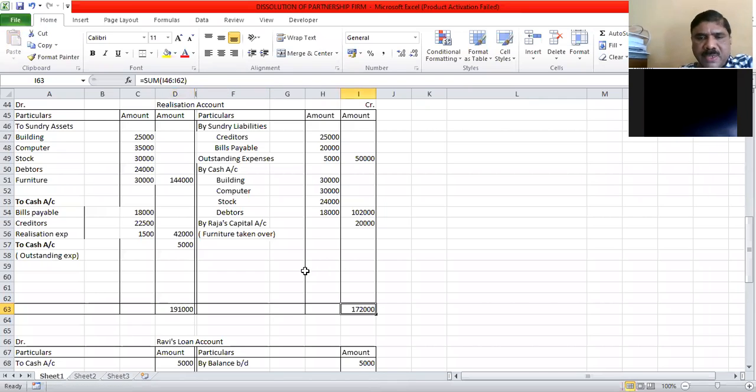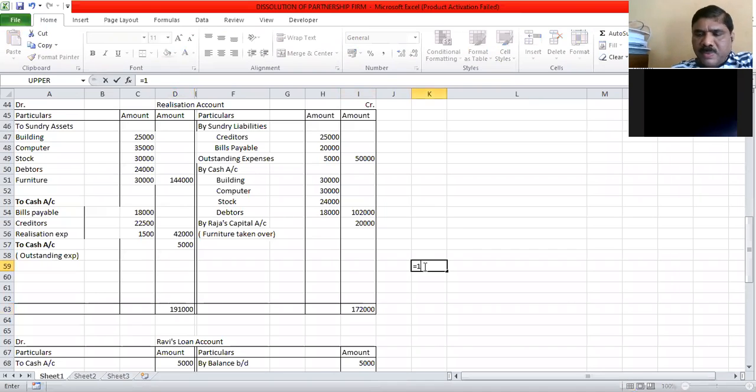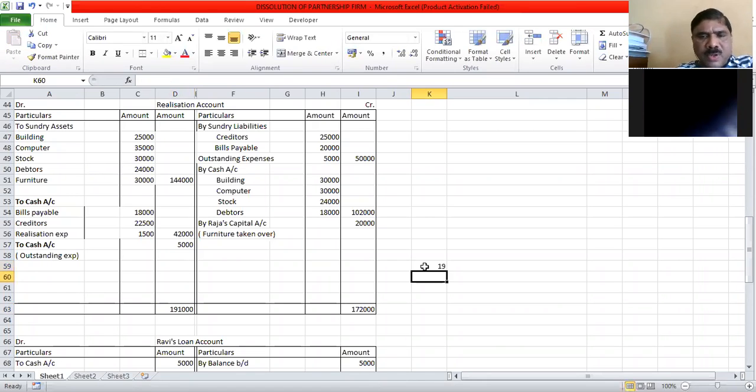This is 1,72,000. The loss of, which side is greater? 19,000.